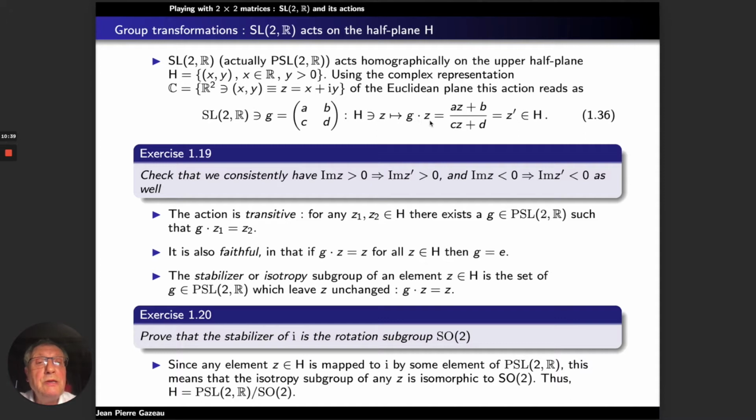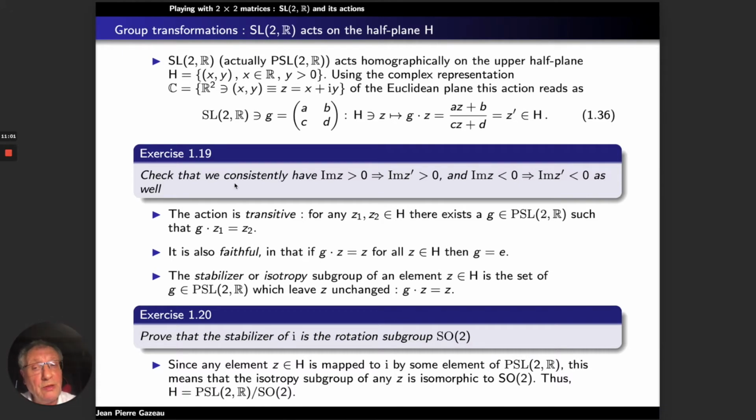And this action is given by the ratio (aZ plus b) over (cZ plus d). And that gives another element of the upper half plane. And this is the object of the exercise.